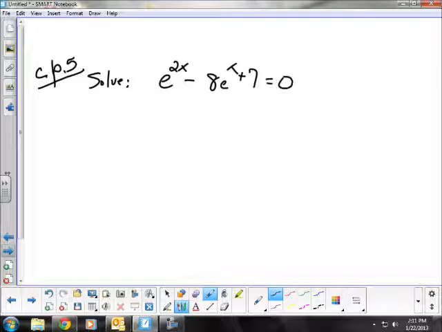I'm hoping at this point that when you look at this, you see you got how many terms? 3, right? 3 terms on the left-hand side. That's called a trinomial. And I'm hoping at this point that you are noticing that you've got an e to the 1x and an e to the 2x. That's an x. Checkpoint 5 is in your book. You can look.